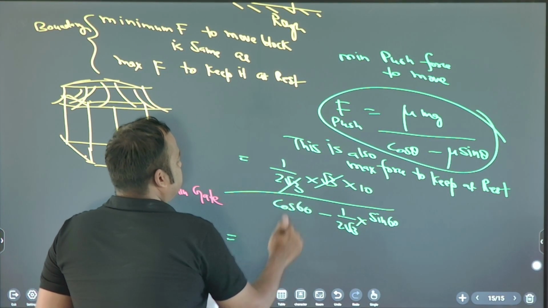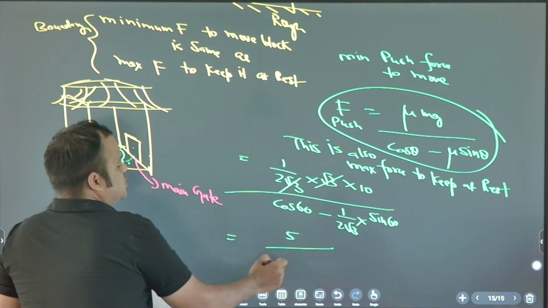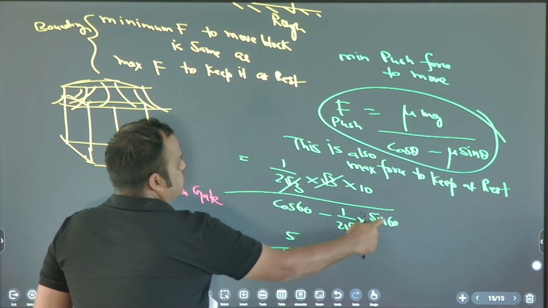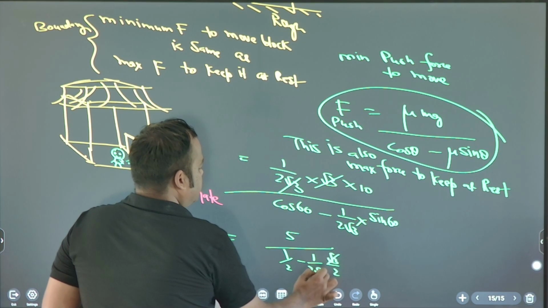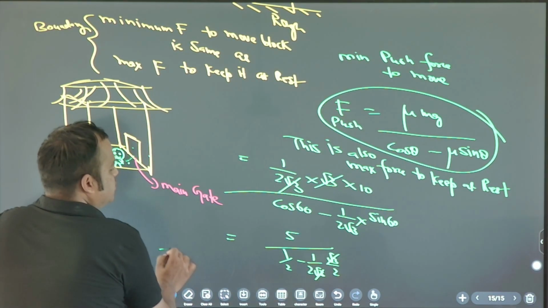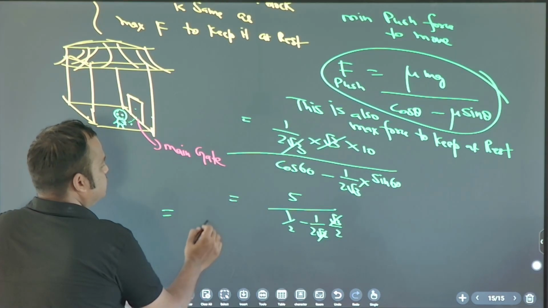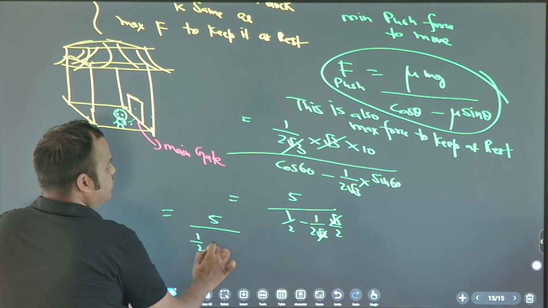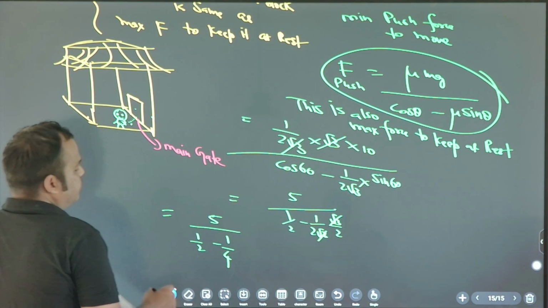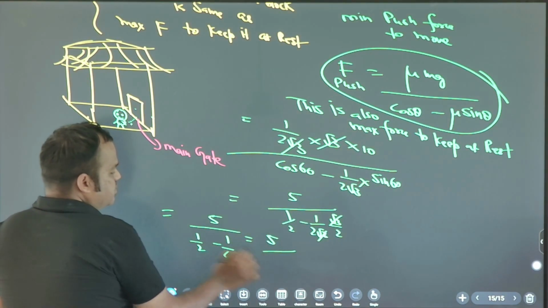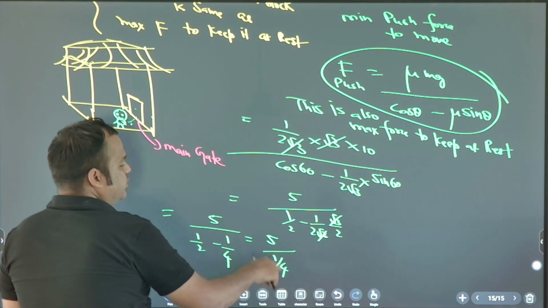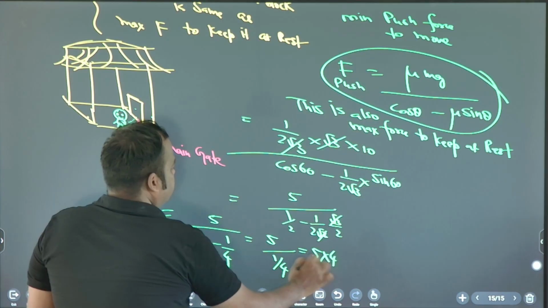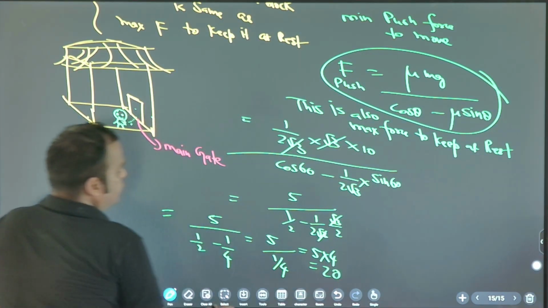So 10 by 2, 5. Cos 60 is 1 by 2, minus root 3 by 2 times. Root 3 cancel. So 5 by 1 by 2 minus 1 by 4. What is 1 by 2 minus 1 by 4? 1 by 4. The 4 will go to the numerator. 5 into 4, 20.